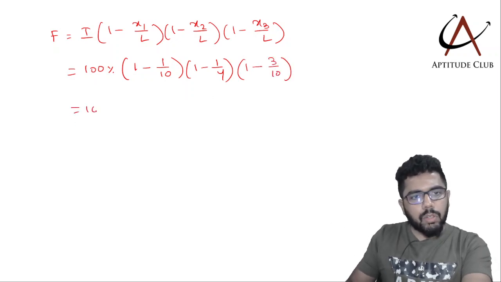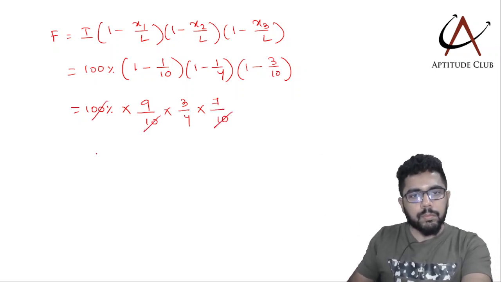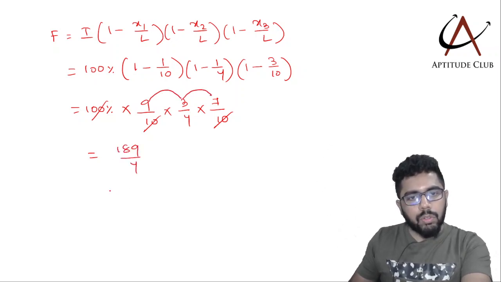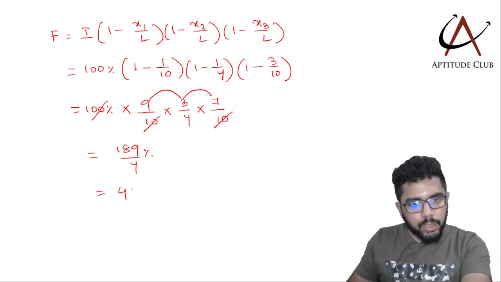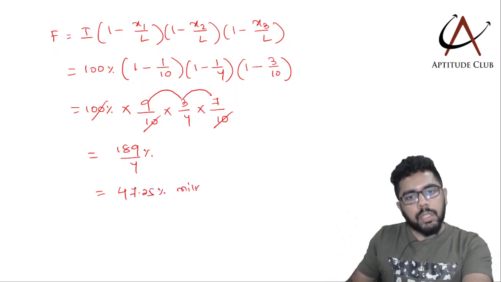So we just need to solve this full process. Once you understand the formula, it is very easy: 9 by 10 into 3 by 4 into 7 by 10. 9 into 3 is 27, 27 into 7 is 189, so 189 by 4%, which is 47.25% milk.